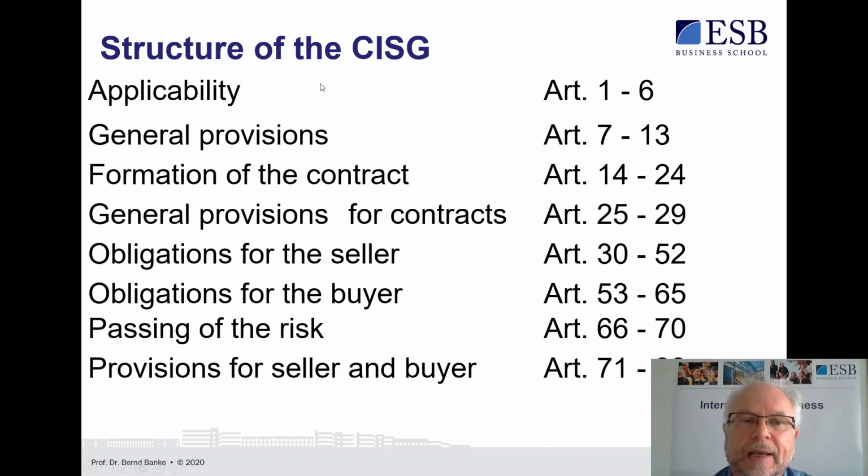So these international conventions define the area in which they want to be applied themselves. That means the geographic area, the type of contracts and lawsuits, and the persons. So there is a very precise definition of that.